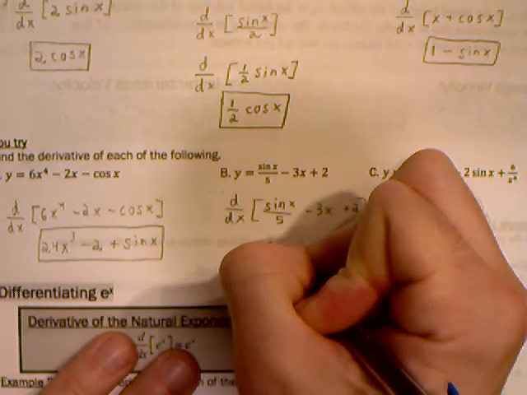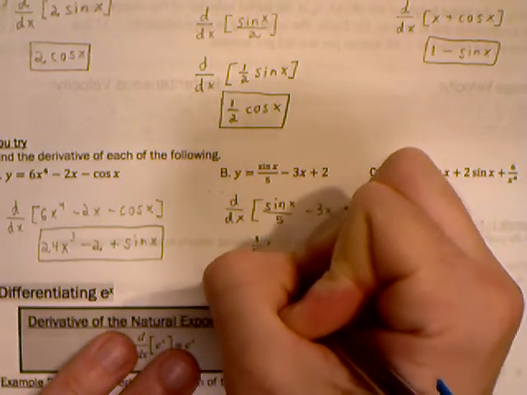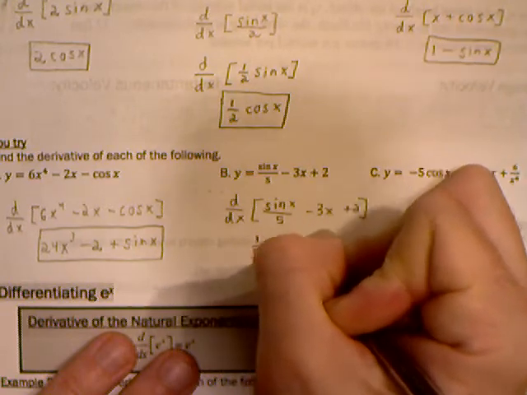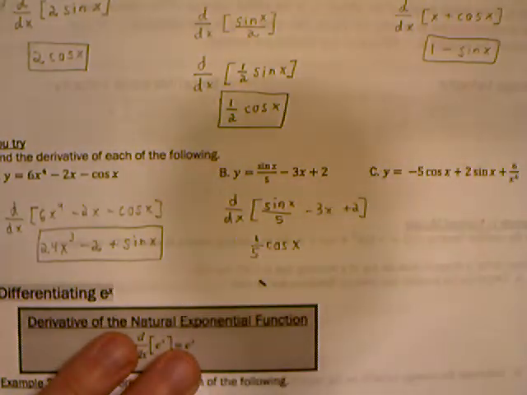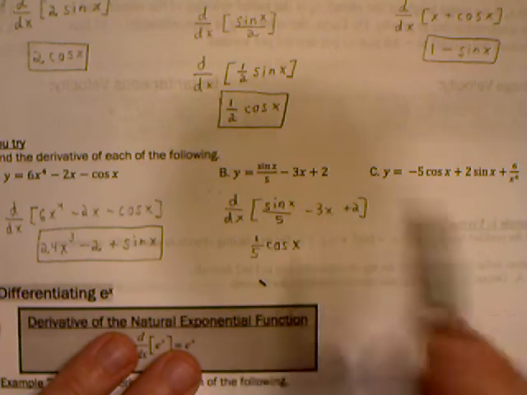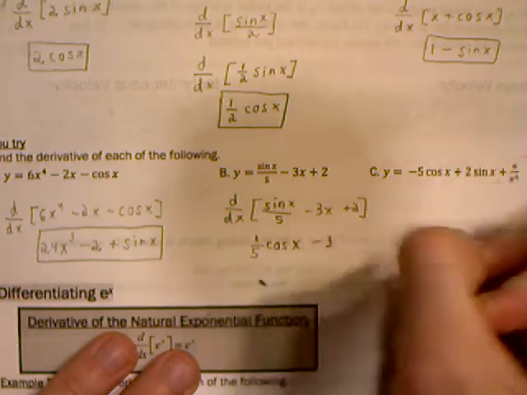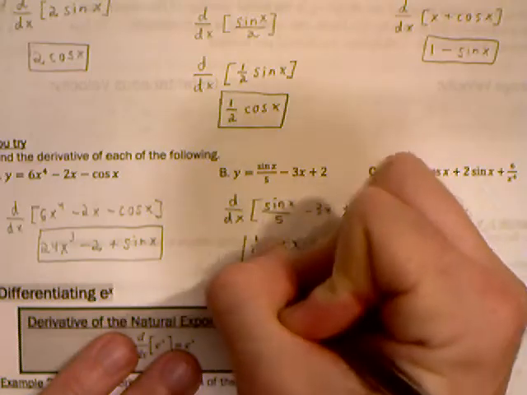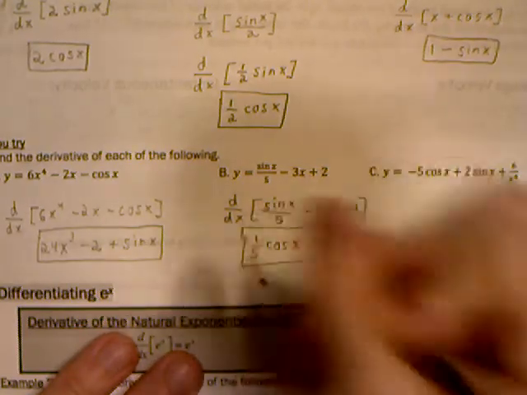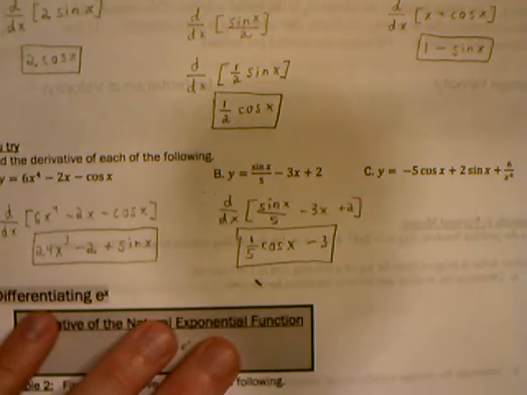So I'm going to have 1/5 cosine of x. Now when I take the derivative of negative 3x, that's just negative 3. And the derivative of this constant 2 is just 0. Here's the answer to letter B.